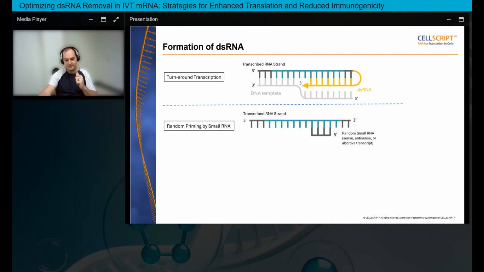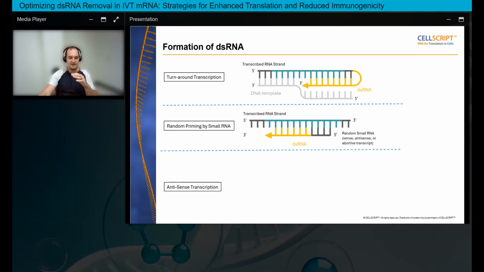There's a good chance. And then when it sits onto your transcribed RNA strand, the T7 can come along and use it as a launch point for creating double-stranded RNA. This typically makes small double-stranded RNA, as opposed to the turnaround transcription, which can make very, very large double-stranded RNA.